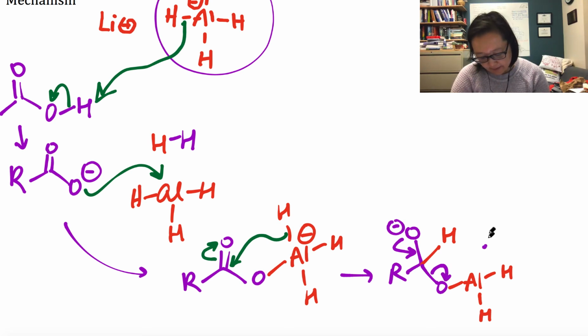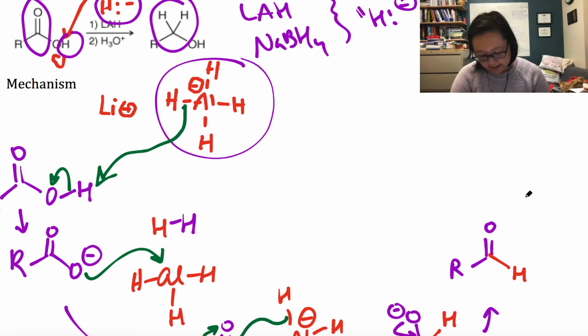Okay, so that's how we end up with an aldehyde as one equivalent. Now at this stage, you can think of the rest of this with just hydride. So now you're used to bringing this down, reducing it by using hydride ion like this.